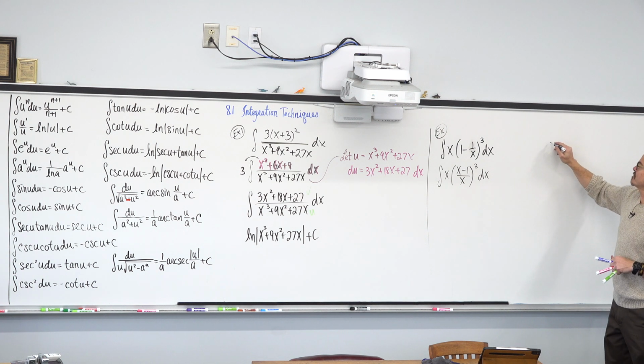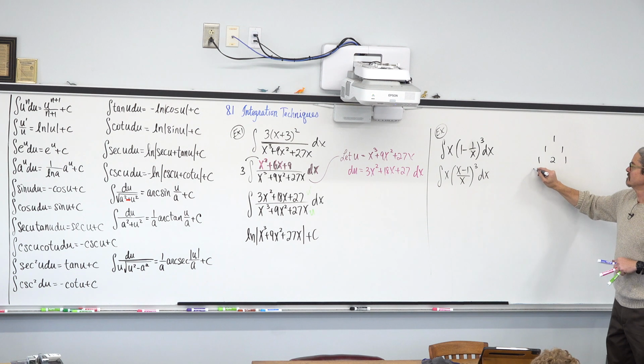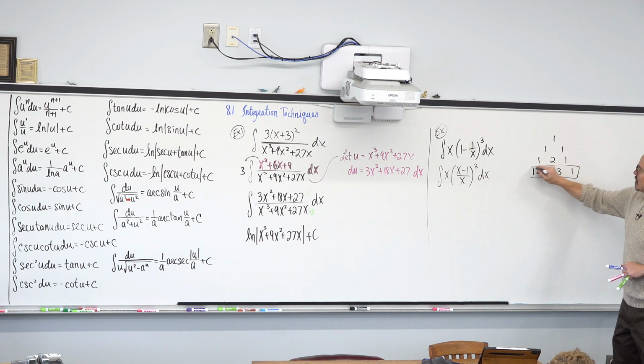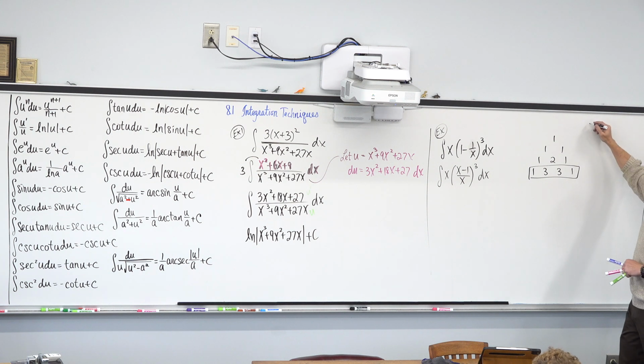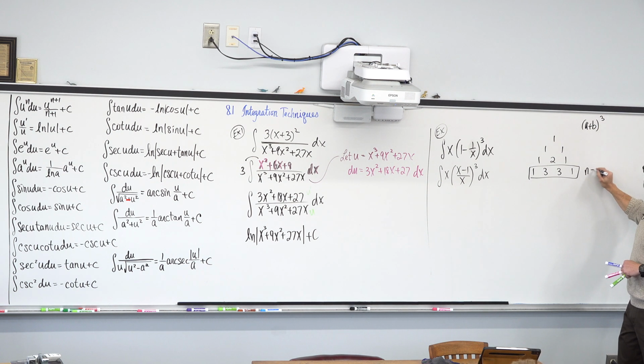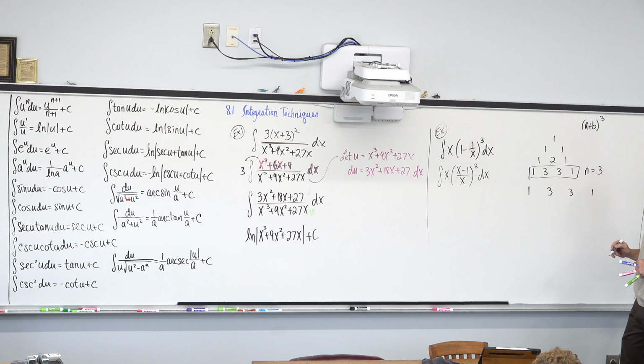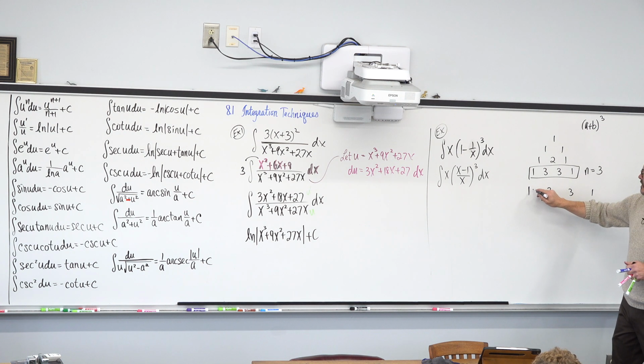Let's just talk about that. Remember Pascal's triangle? 1, 1, 1, 1, 2, 1, 1, 3, 3, 1. These are your coefficients for raising a plus b to the power of 3. So we've got 1, 3, 3, and 1. Now if I say something silly, y'all are going to have to give me some help.